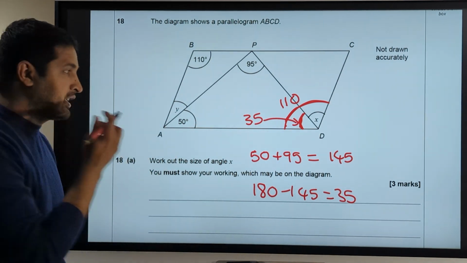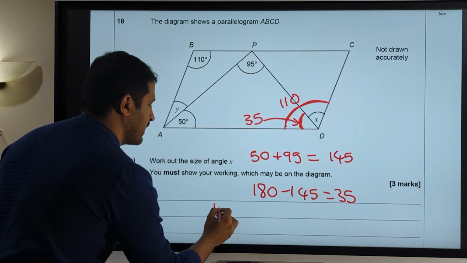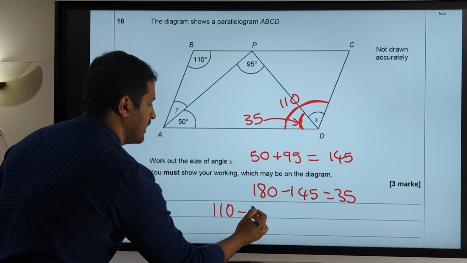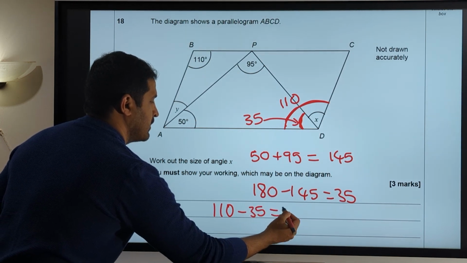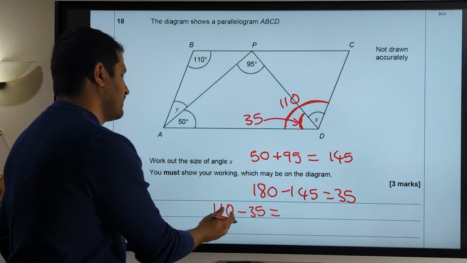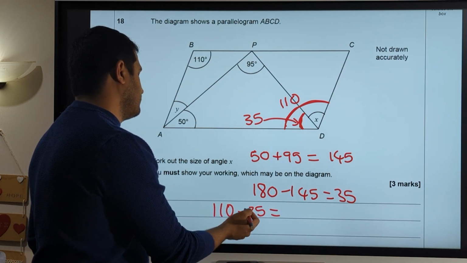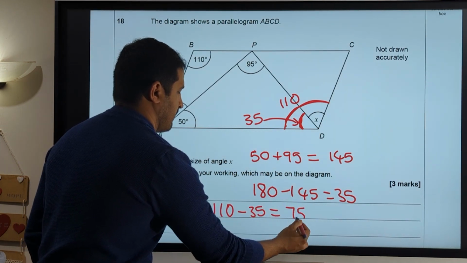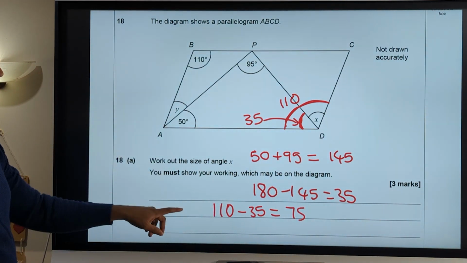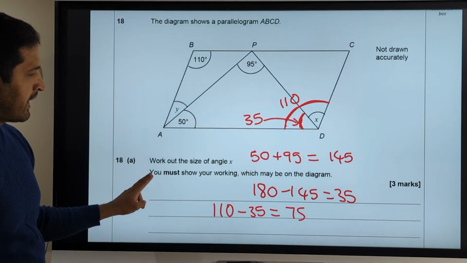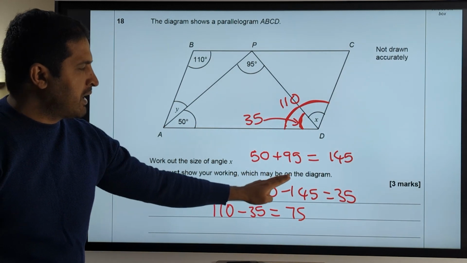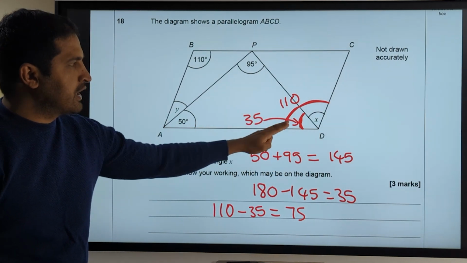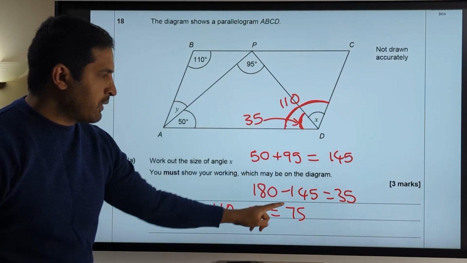So all I have to do is take away 35 from 110. So 110 take away 35, which gives me 75. Again, you can use a calculator to work that out. So we get x to be 75. You must show your working out, which may be on the diagram. So you can write these things in the diagram and you can show the working out clearly.